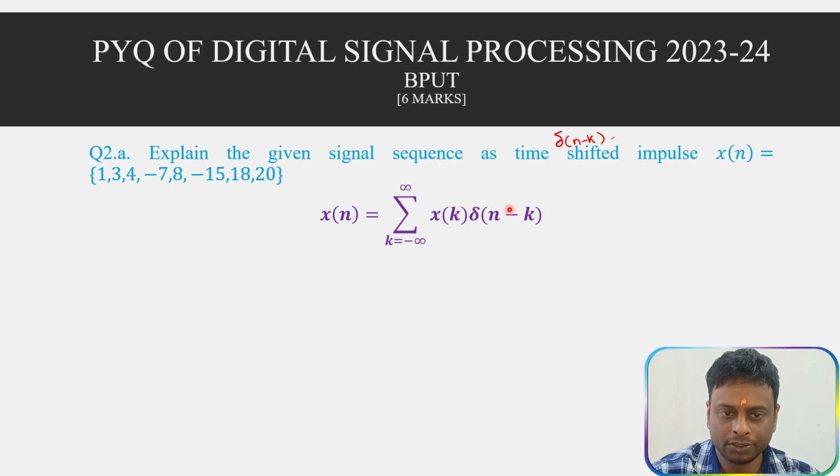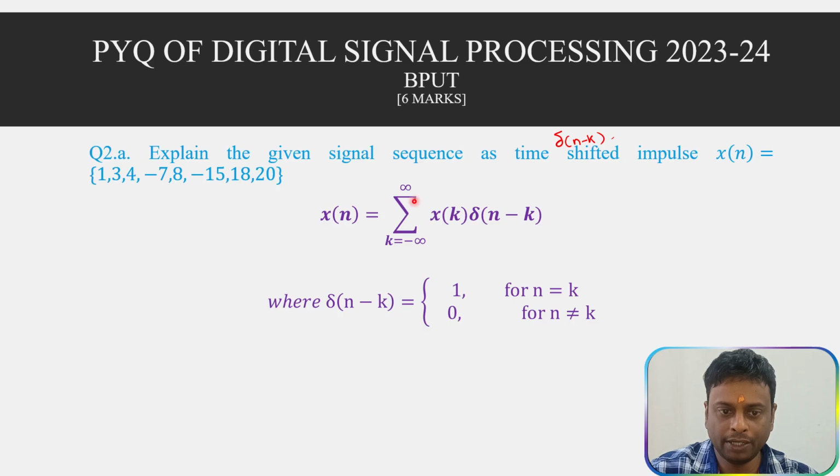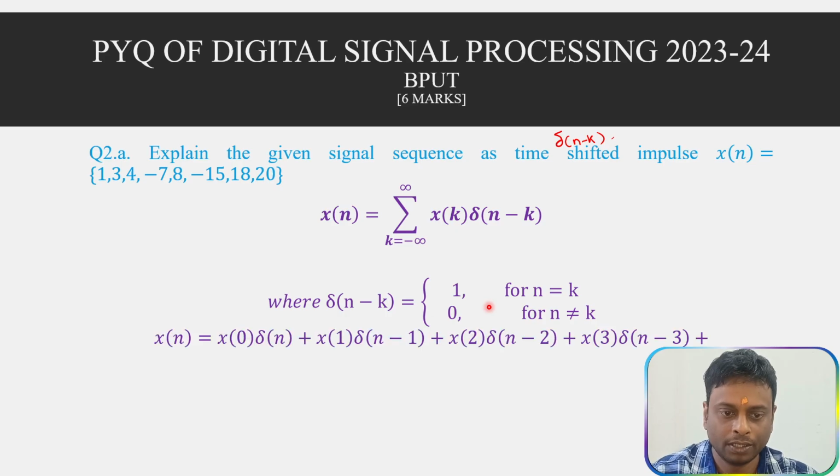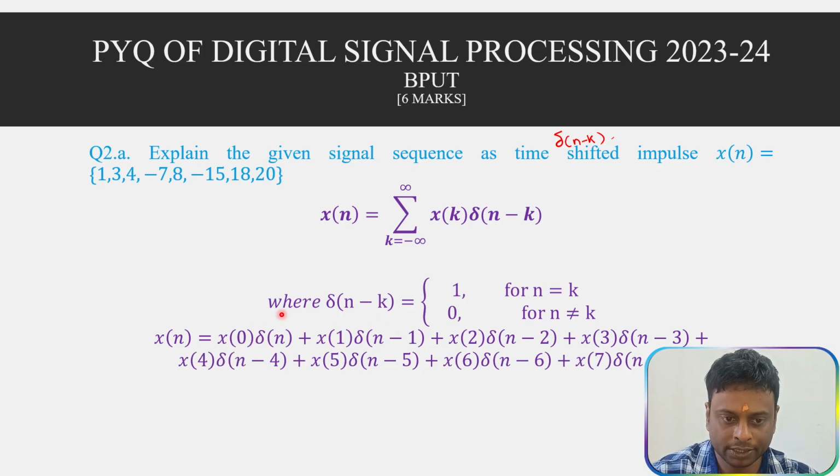So delta of n minus k will be 1 for n equal to k, and for n not equal to k, it is 0. Now x of n can be expressed as x of 0 into delta of n, similarly x of 1 into delta of n minus 1. I am talking about this k value.